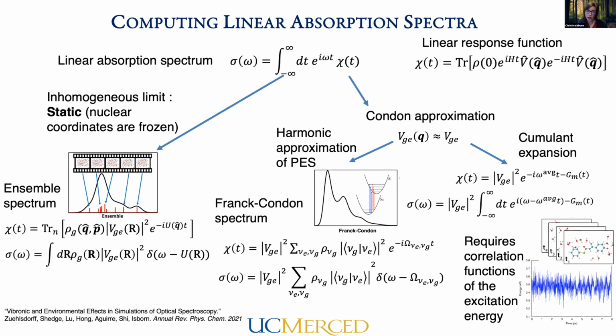And what's very appealing about this approach is it gets all of the vibronic progressions that you get from a Franck-Condon approach, where you've got the vibrational motion of your system coupling the ground excited state, with all of those environmental effects that you get with an ensemble approach. So we're treating the vibrations of the system and coupling to the environment on equal footing here.